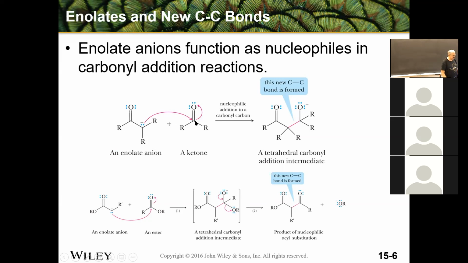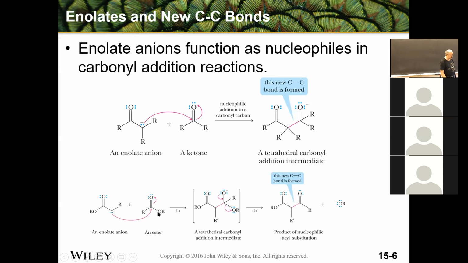It attacks the carbonyl carbon of a ketone, or this could be an aldehyde. And then we form this tetrahedral intermediate. And this can either undergo protonation to the alcohol or dehydration to the alkene.